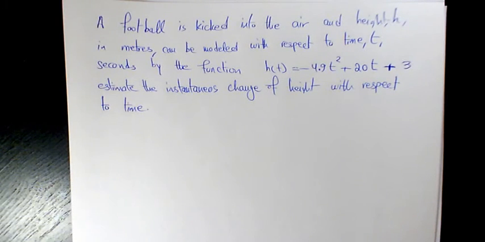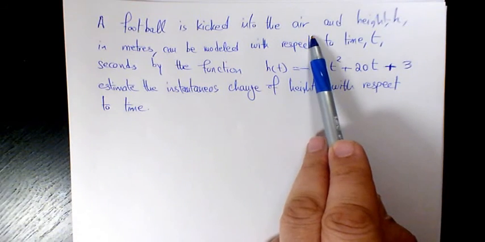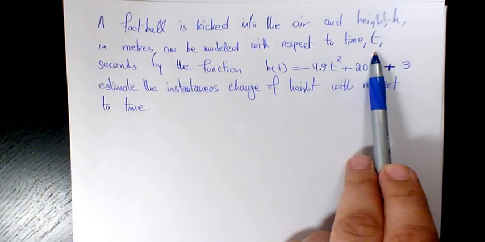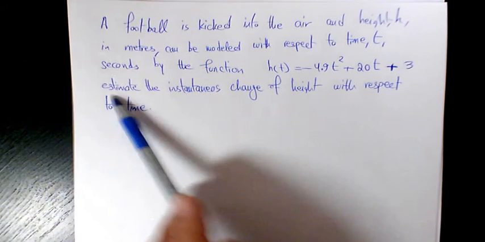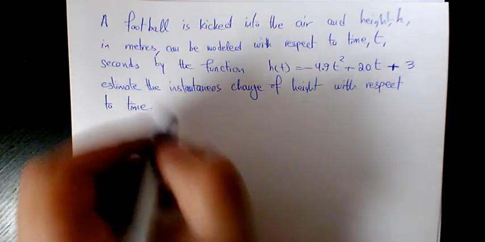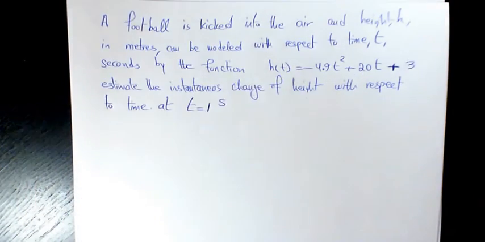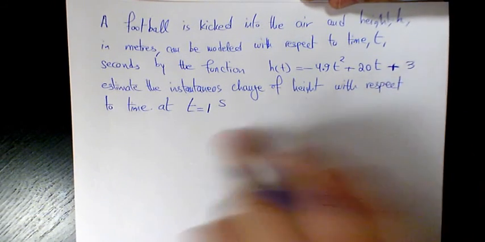So for example, in this case, it says a football is kicked into the air and height h in terms of meters can be modeled with respect to time t in terms of seconds by the function. Estimate the instantaneous rate of change of height with respect to time at t equals 1 second, for example. So we have only one point right now.